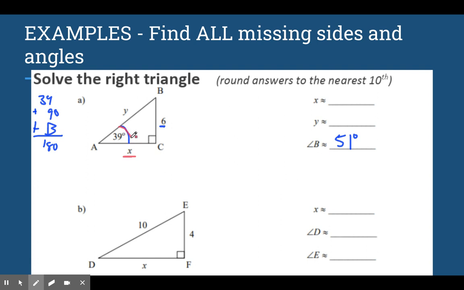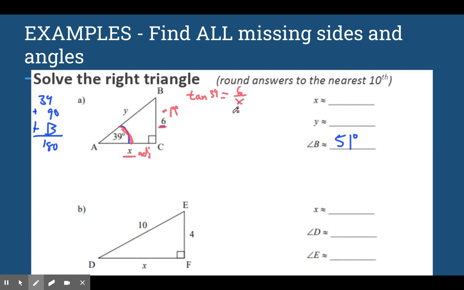We used blue for the angle, now we'll use red to find x. This is your opposite side. This is your adjacent side. That means to find x, we're going to use tangent. So we set it up. Tangent of 39 is equal to opposite over adjacent, which is 6 over x.